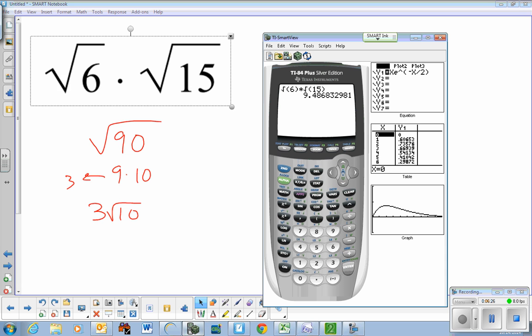If we did our work correctly, then 3 times the square root of 10 is 9.486. So anytime you simplify something, you can check the decimal values, and that might not necessarily tell you how to fix a problem, but it would tell you that you have a problem.